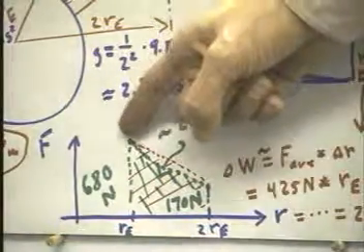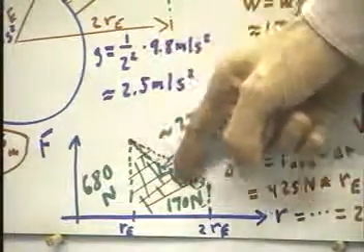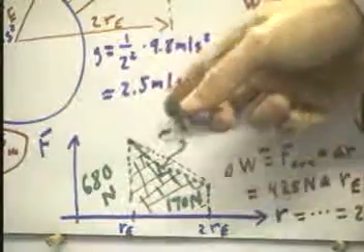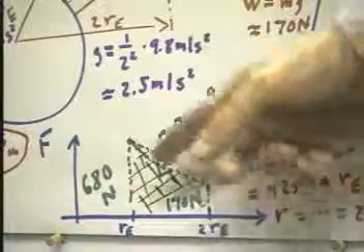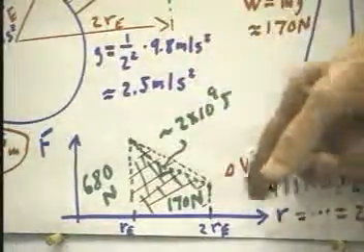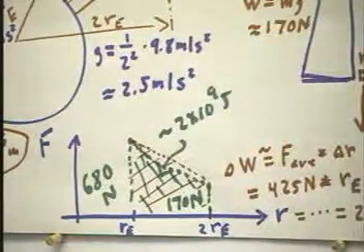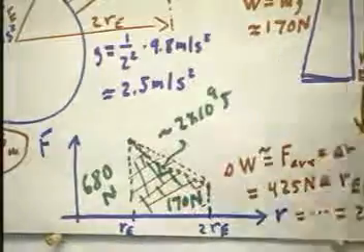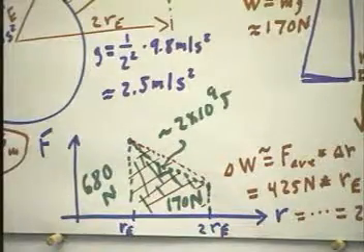Now the actual curve is like this, and you can think about why that would be true, because of the inverse square proportionality here. So this is really something over r squared, and 1/r squared has a graph that's got this kind of shape. If we do a trapezoidal approximation, just averaging the 680 and 170 newtons, we can get an estimate of the work.